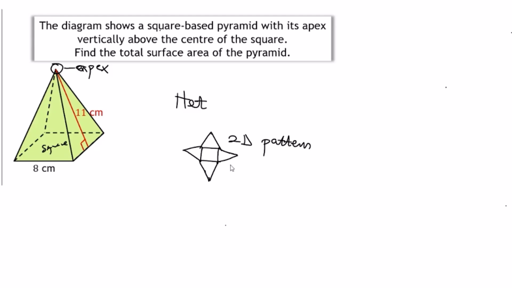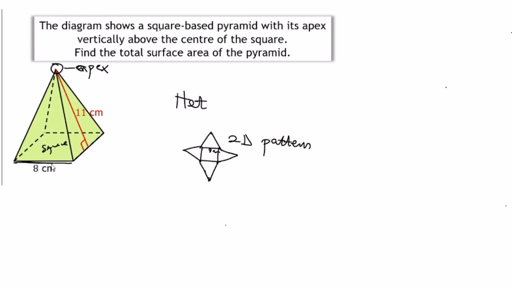All right. Now, how do we find the total surface area of this particular pyramid? Now, just as we said earlier on, the base of this pyramid is a square. For that matter, the length of this square has been given as 8 centimeters. So this side is 8 centimeters.